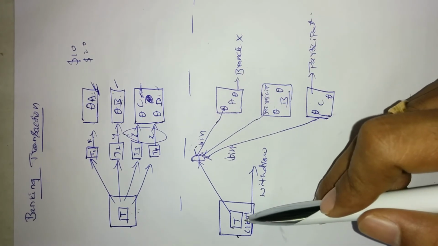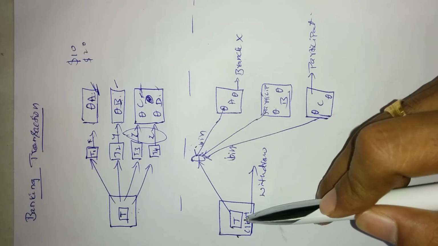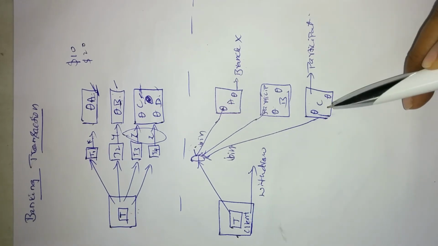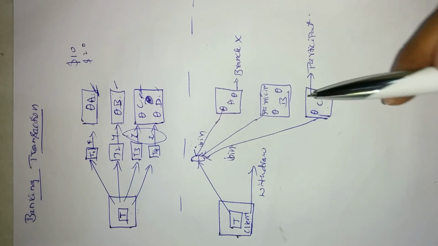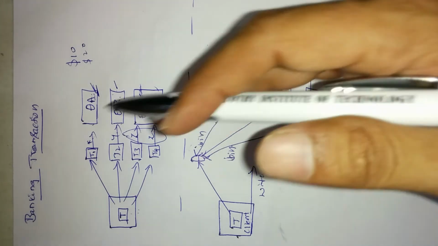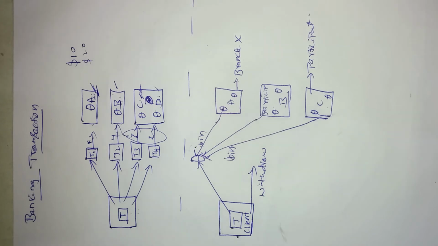So T indicates open transaction, A is a withdraw and C is a deposit, and B is a withdraw, and again C is a deposit. Then the transaction is closed. At the end of this banking transaction, you have to close the transaction. If you go again, you have to go repeatedly: open the transaction, withdraw and deposit, and finally close it.